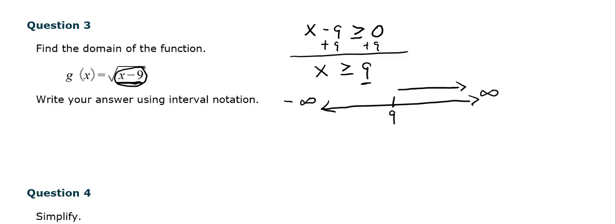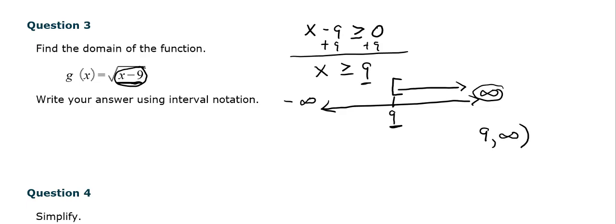So when we're using interval notation, remember we use a bracket to indicate that that point is included in our solution. So in interval notation, we look at our number line. The point furthest left is 9. And since our graph continues on forever, the point furthest right is infinity.